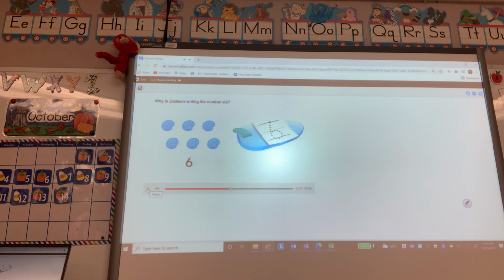Why is Jackson writing the number 6? He is writing it to show the number of shells. If you trace this number, what number will you write? You will write the number 6. Where do you start to trace the number? You start at the dot at the top.